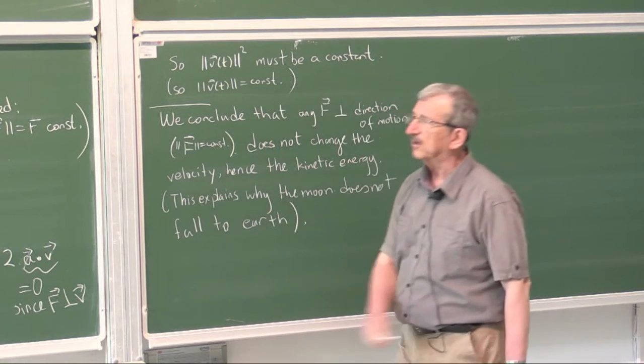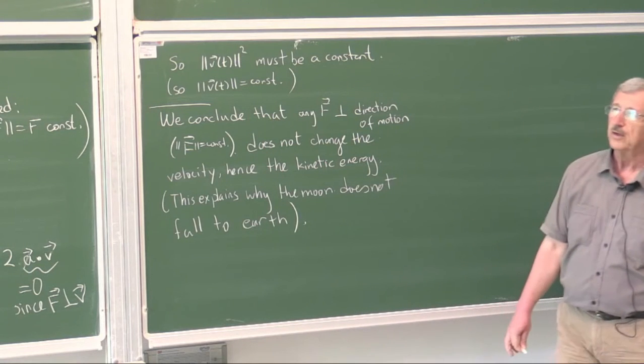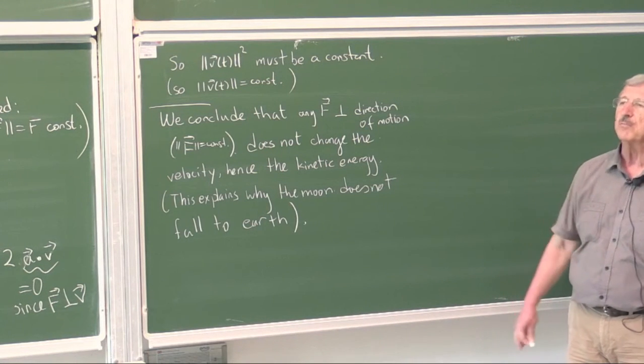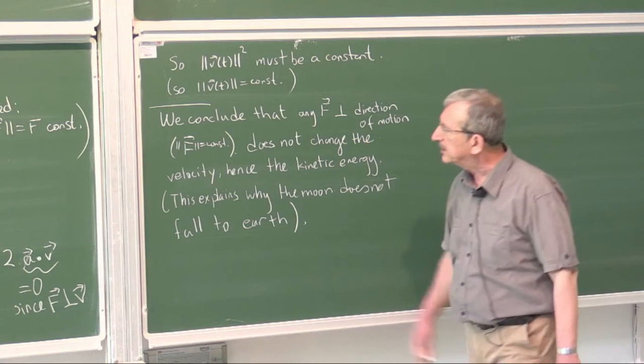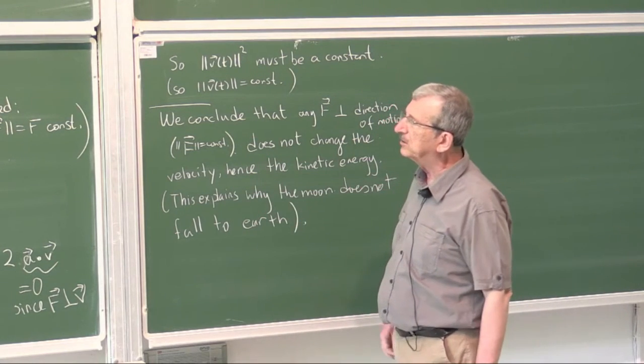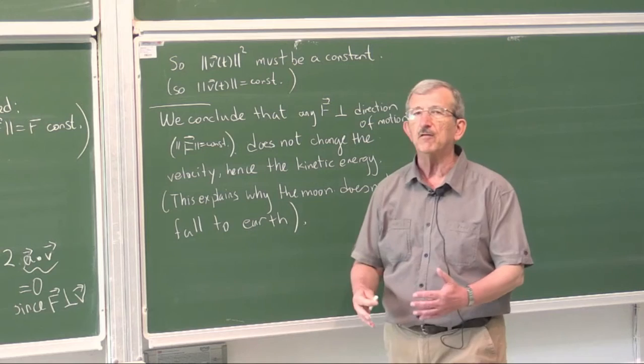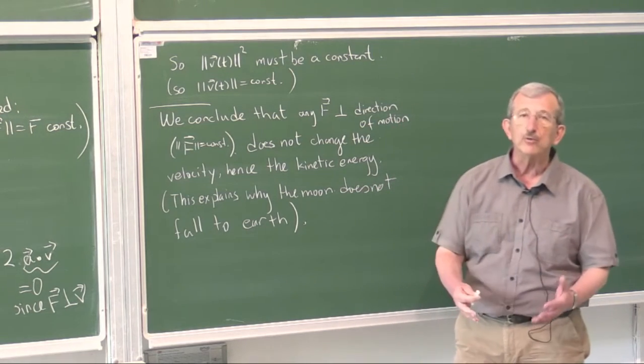Actually, this explanation is very crude. I mean, you cannot describe the motion of the moon just with a simple argument as this, but this is the essence of the argument. This is the main argument.